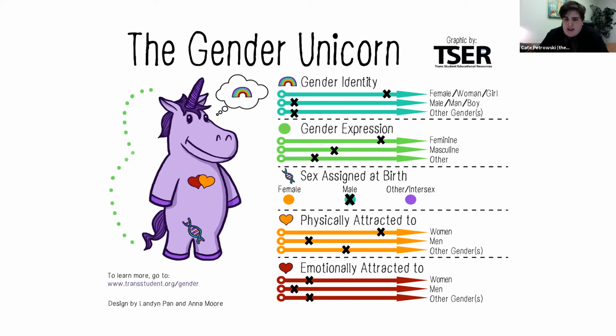So for example, having attraction to women and men and other genders, you can just represent that whole slew of how someone might identify. And so this particular example would be an example of somebody who is transgender, in that they were assigned male at birth, but is a woman or female.